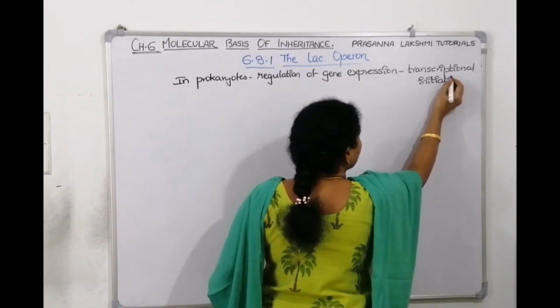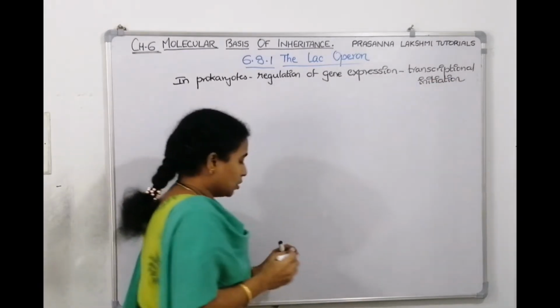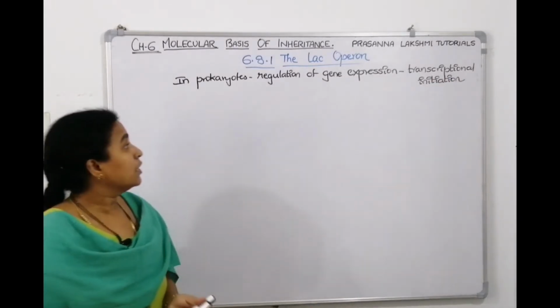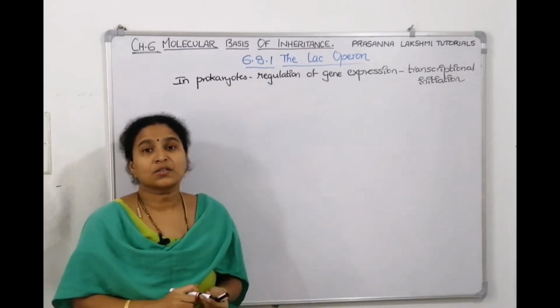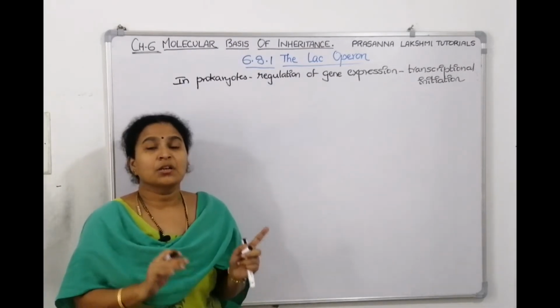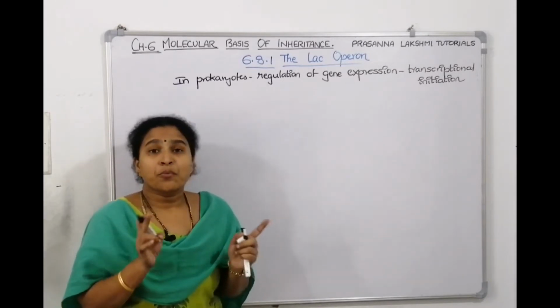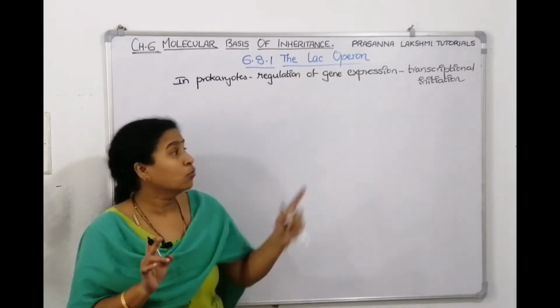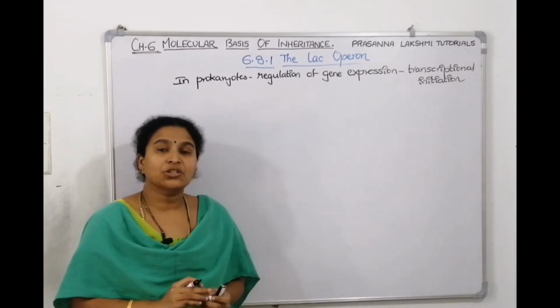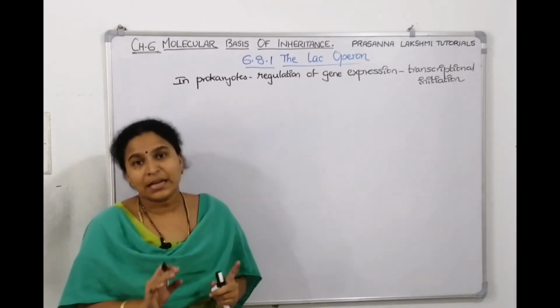We talked about it in the previous lecture, right? So in prokaryotes, regulation of gene expression is only at one point, that is transcriptional initiation. Now Jacob and Monod tried to explain prokaryotic regulation. How can you control transcriptional initiation? By taking Operon as an example.